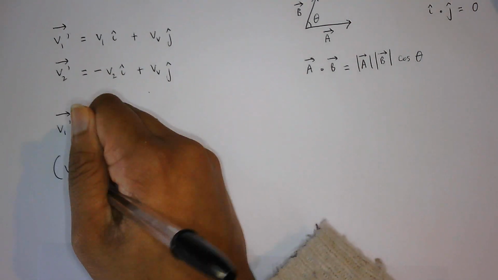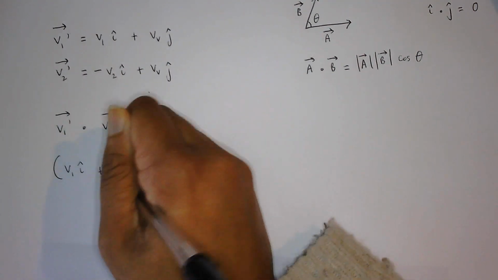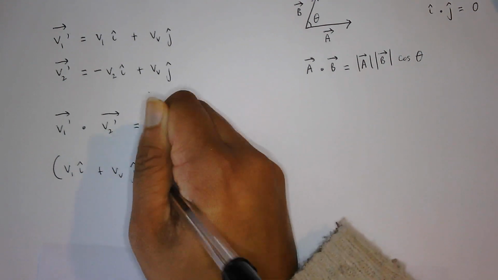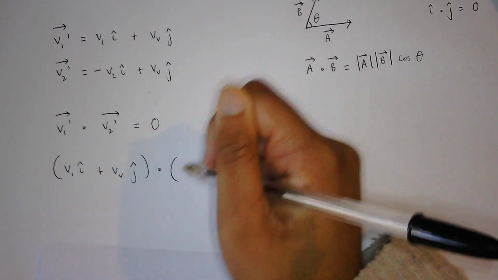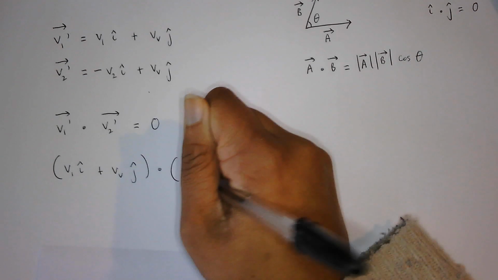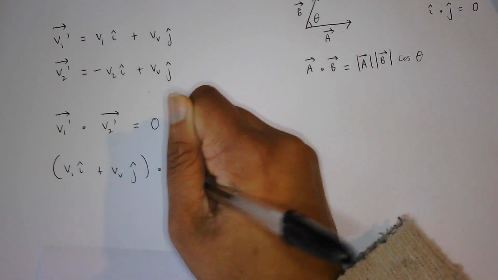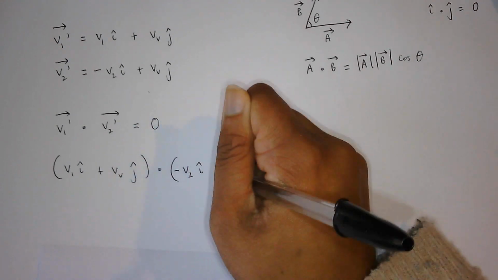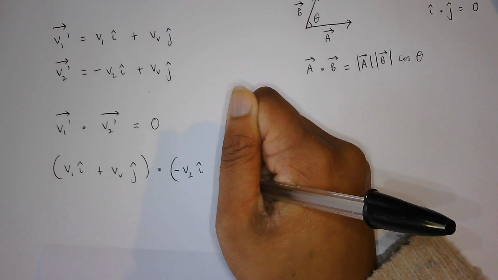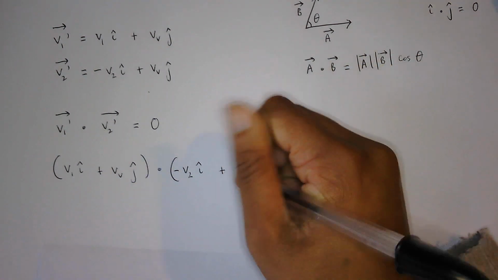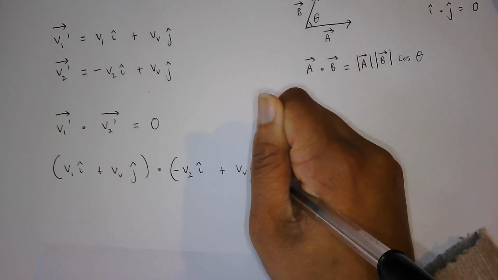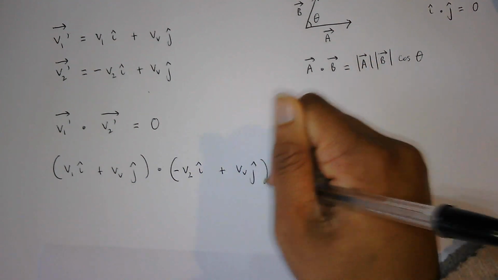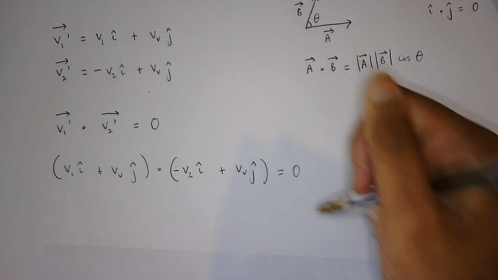So (v1 i plus vv j) dot (v2 minus v2 i plus vv j) equals 0.